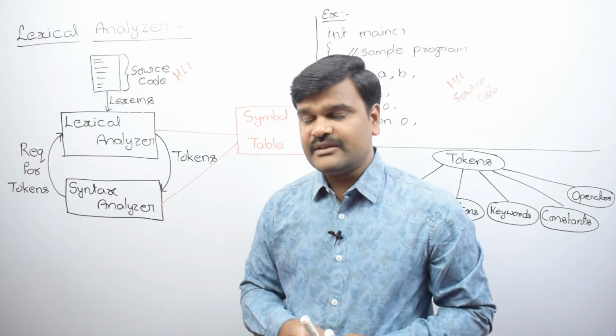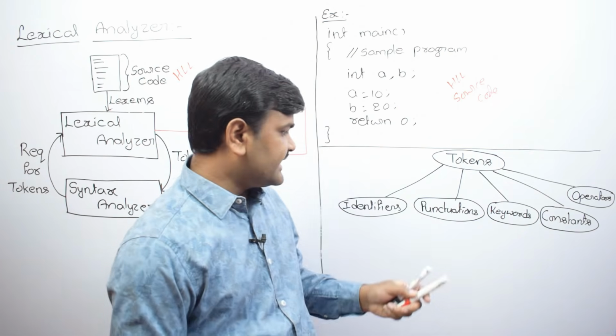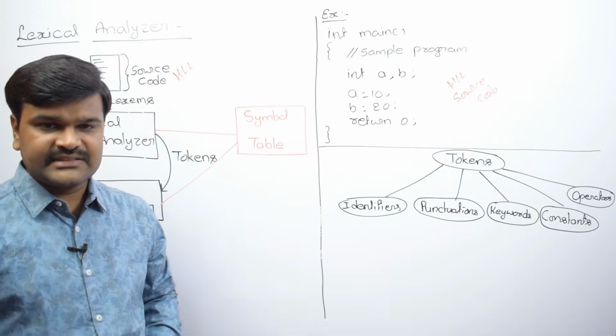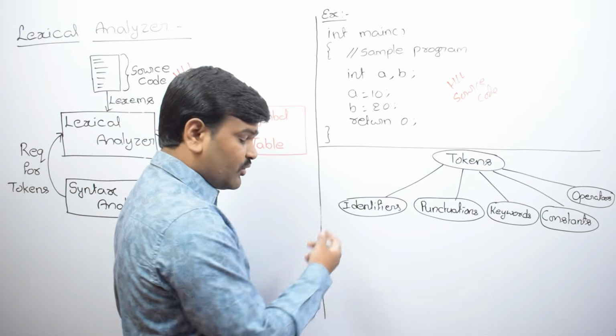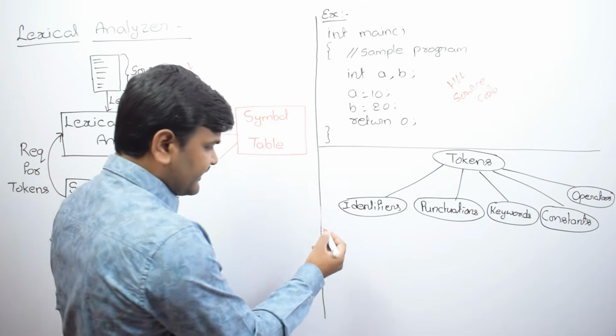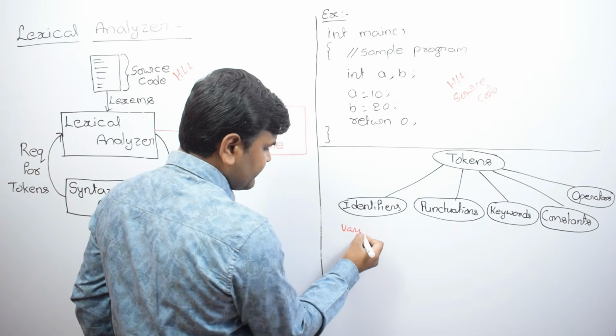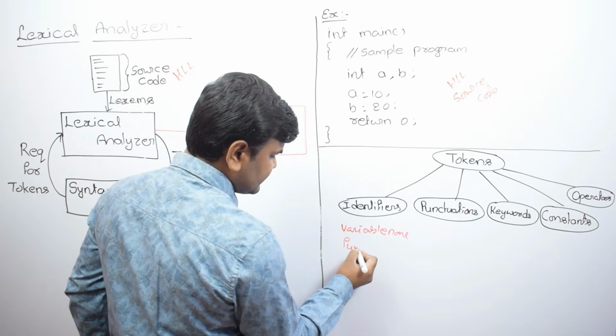First of all, it must be clear what the tokens are. Here we have written what tokens are possible in a programming language. We know identifiers. The meaning of identifier is variable names or function names.